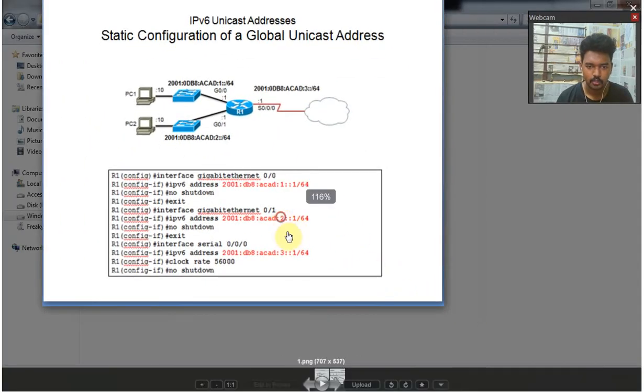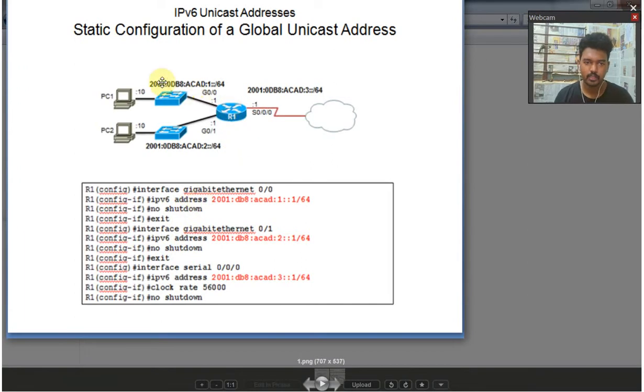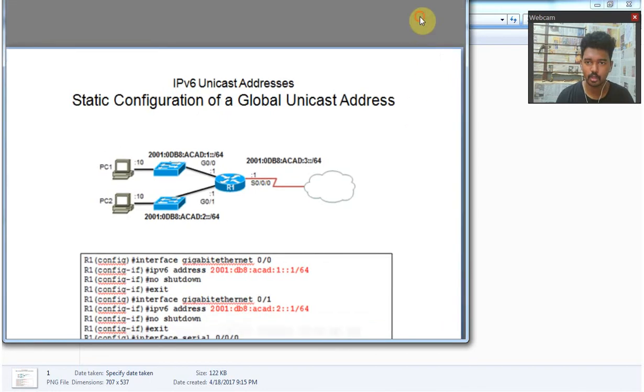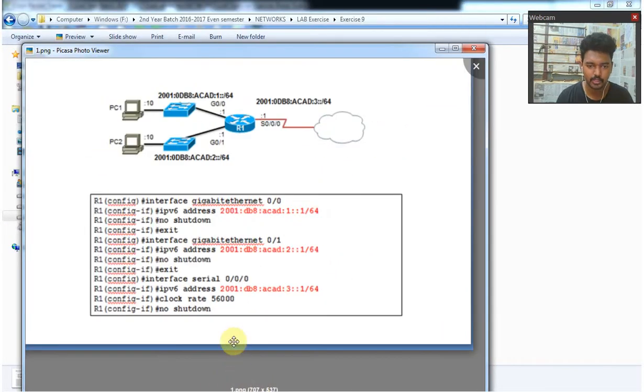Similarly, you can see there is a WAN over here. WAN stands for wide area network. For the WAN, we'll give the interface as serial 0/0/0, because serial stands for the serial connection between the two routers. If a clock rate is present, then we will mention the clock rate as 56000.